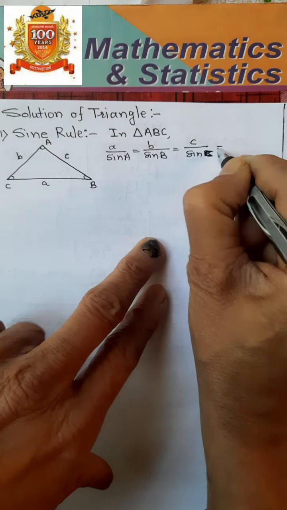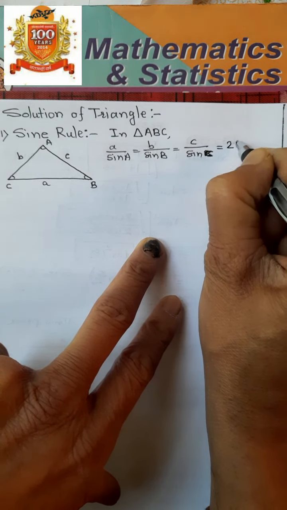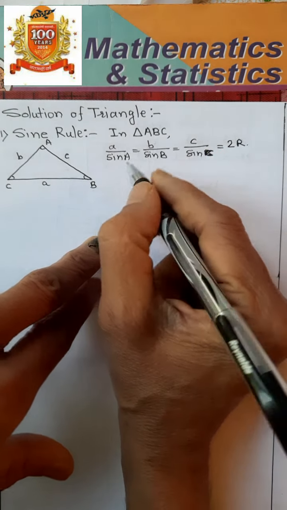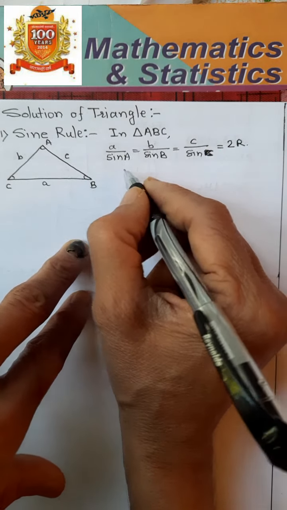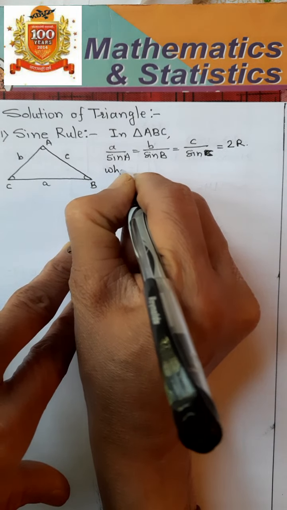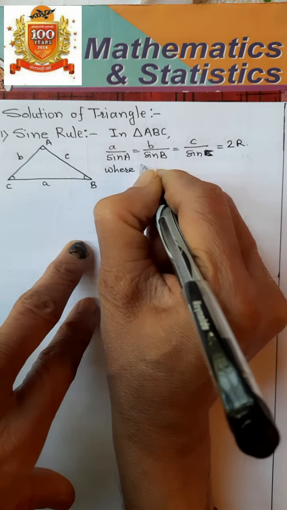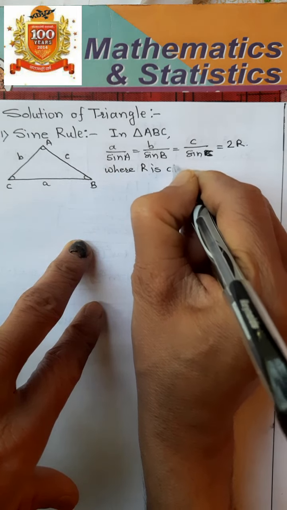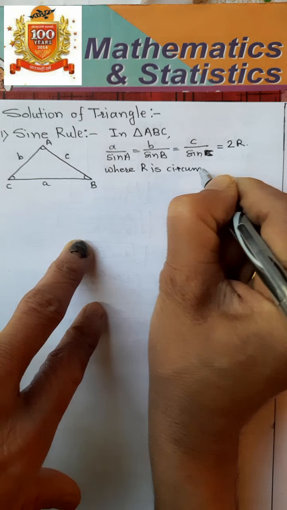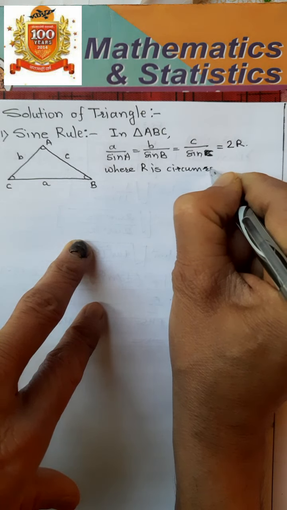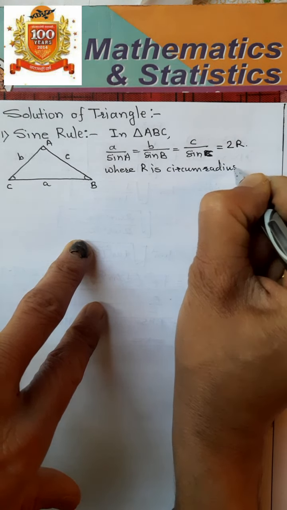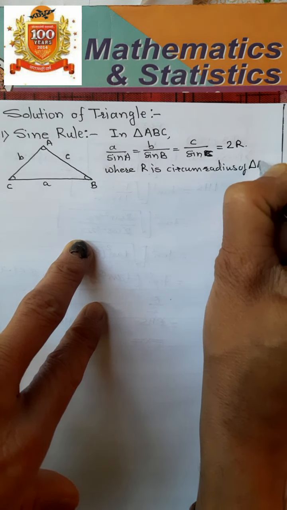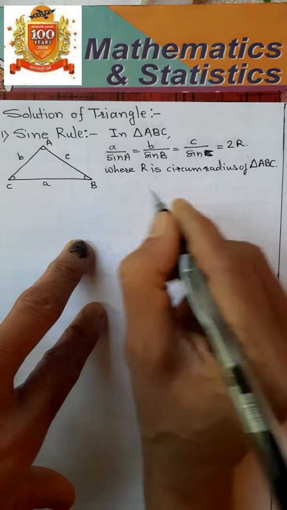This is equal to 2r, where r is the circumradius of triangle ABC.